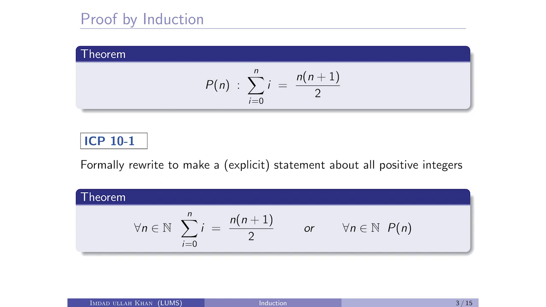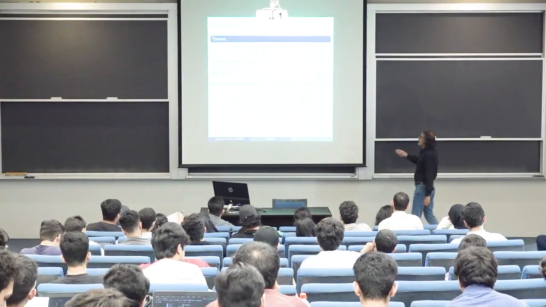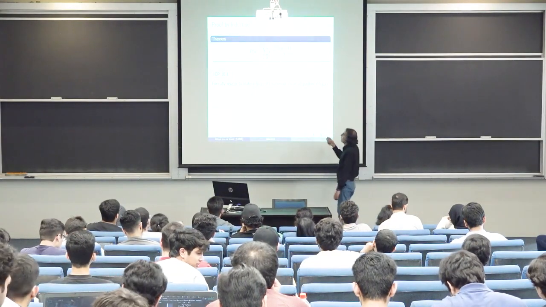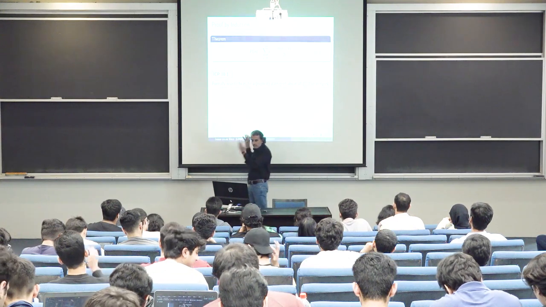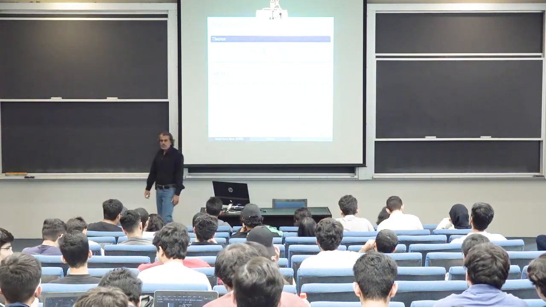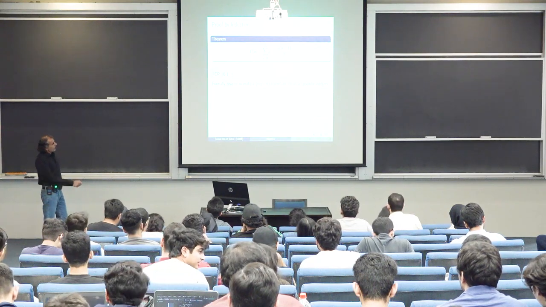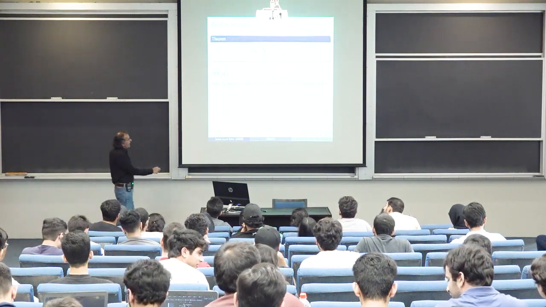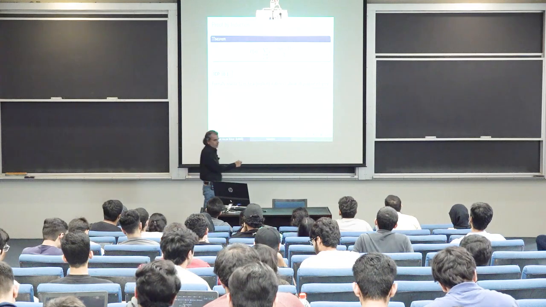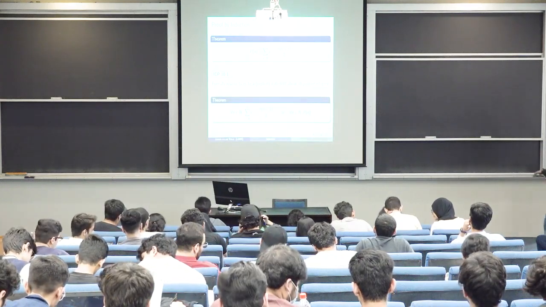So our first in-class problem is that you have to quickly, in the next 30 seconds, rewrite this whole statement, because over here it does not tell us much about what kind of n is there. So just try to make it a little more explicit, and then we'll move forward. And the hint is already there, right? We have to just make it explicit in terms of all positive integers. So this is how it will look.